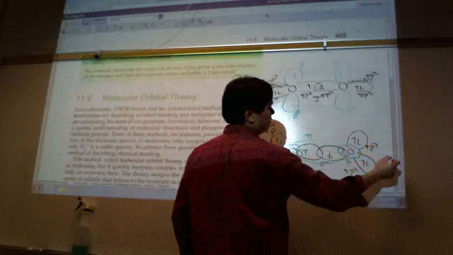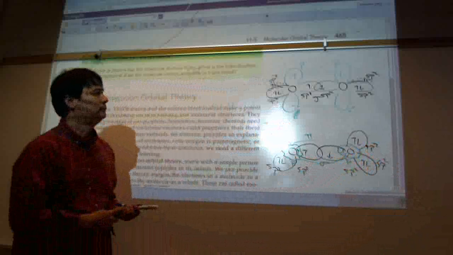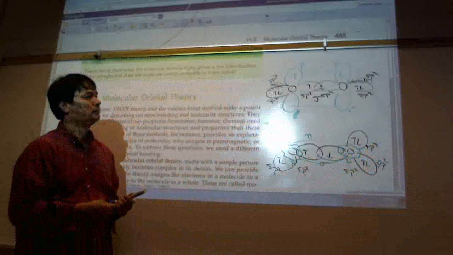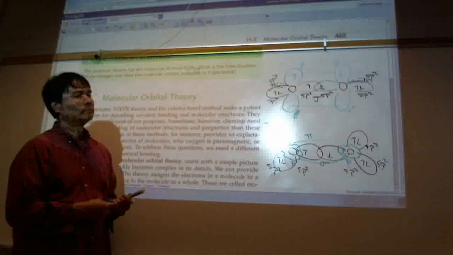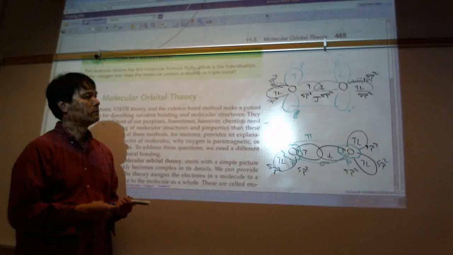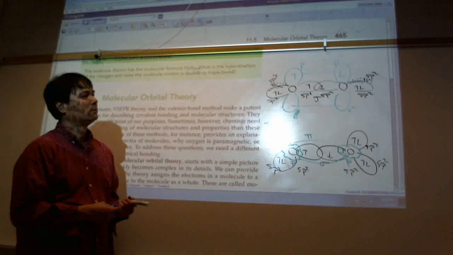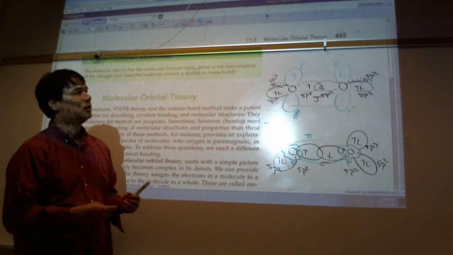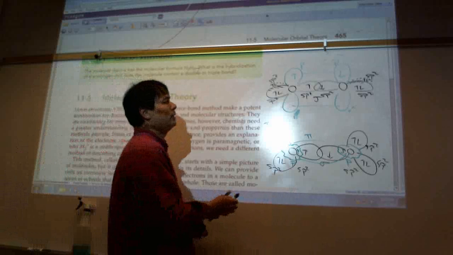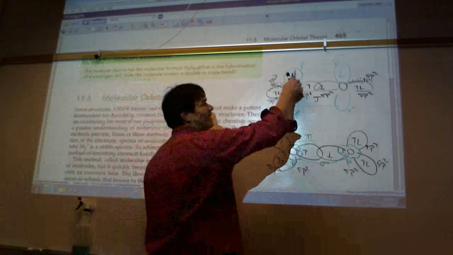I have a question. When you go to the side view for the p's, they're not necessarily sticking up and down, they're sticking back and forth. Because when I see it turn to the side... No, the side view for the p is straight up and down. It's in the plane.